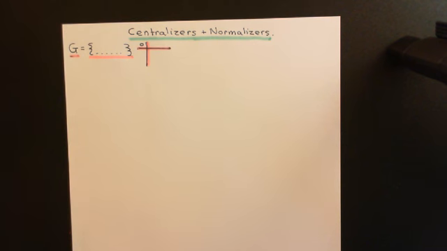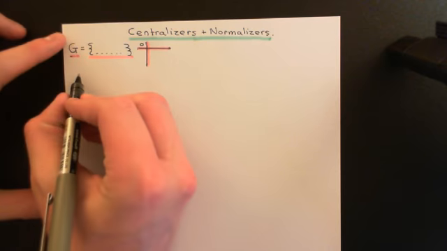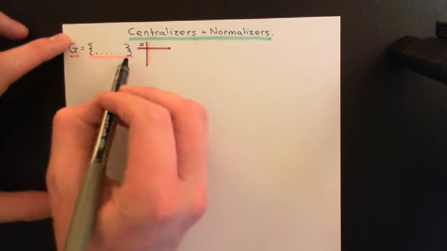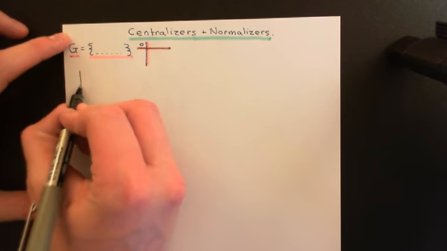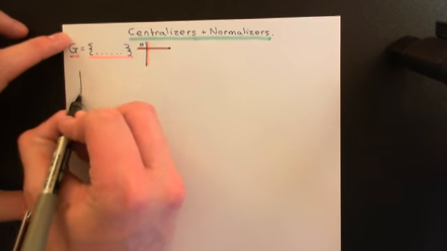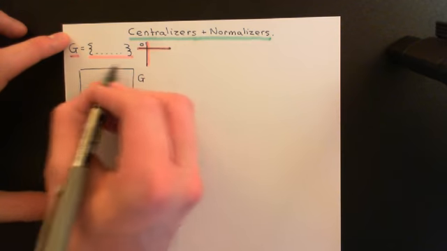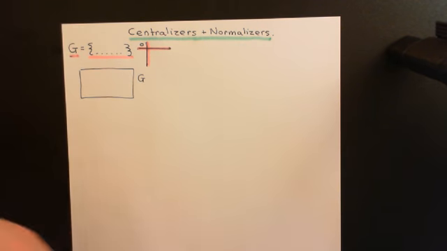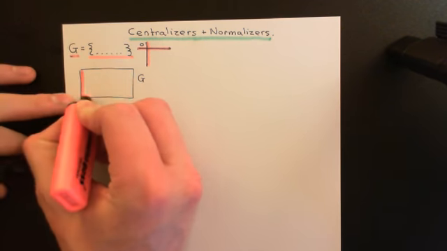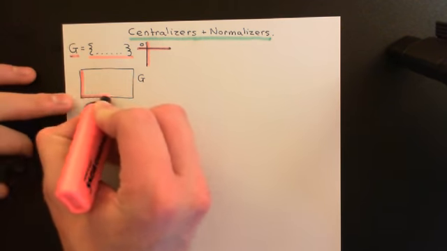And now the thing that we need in order to discuss centralizers and normalizers is some subset of the group capital G, some subset of the set that underlies the group capital G. Drawing a picture here, let's say we now represent the set that underlying the group as a box here. So let's represent our group here, and once again I'll colour it in red.